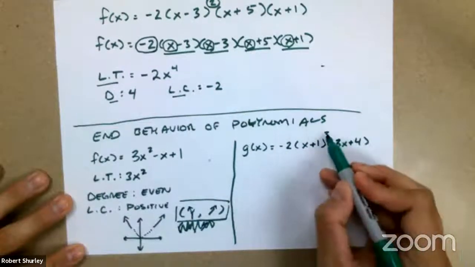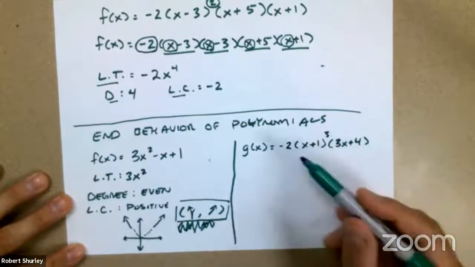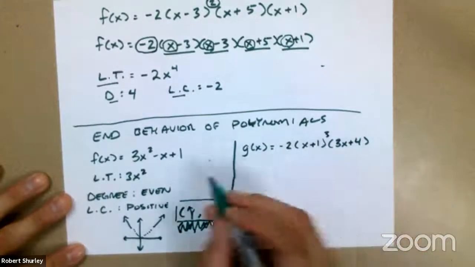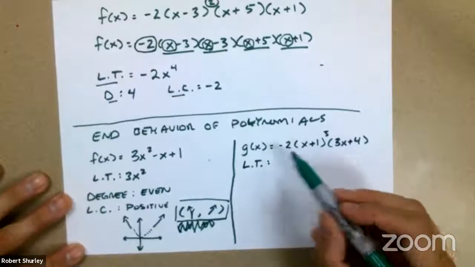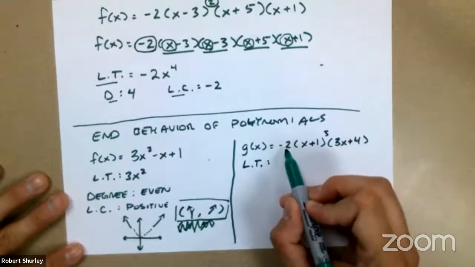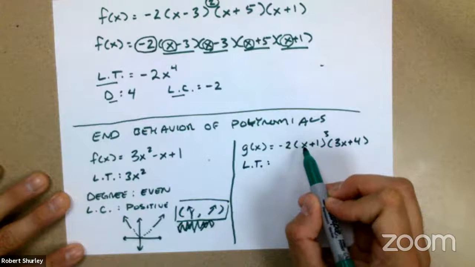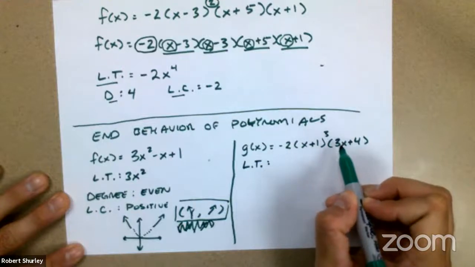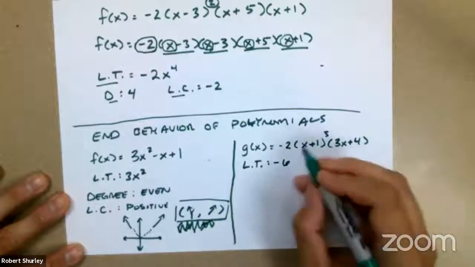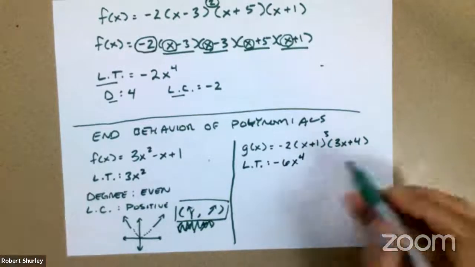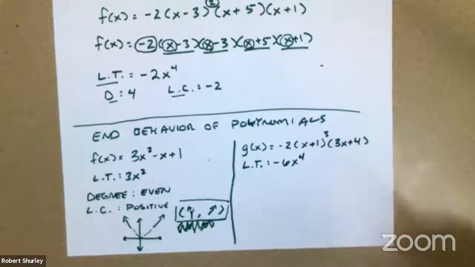Now look, this thing's cubed. I'm not going to write it 3 times. I'm just going to know when I multiply to find the leading term, I've got to multiply that 3 times. So for the leading term, I would multiply the negative 2 times x times x times x, and then times 3x. So negative 2 times 3 is negative 6. And I wind up with 4 x's, x cubed and then an x here.